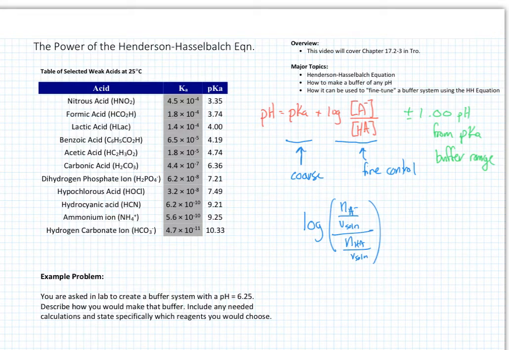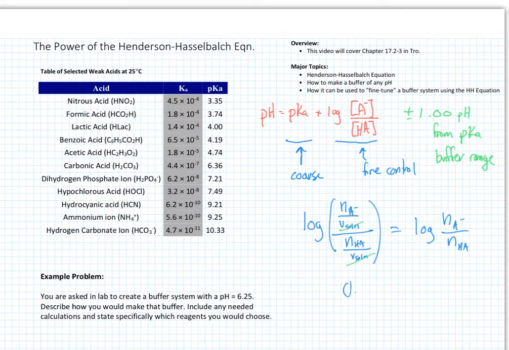So because it's one system, the volume of the solution cancels each other, and I can rewrite this as log number of moles of A minus divided by number of moles of HA. So I can either use molarity, moles per liter, or I can use number of moles. Either one of those is fine in a buffer system because it's the same solution.